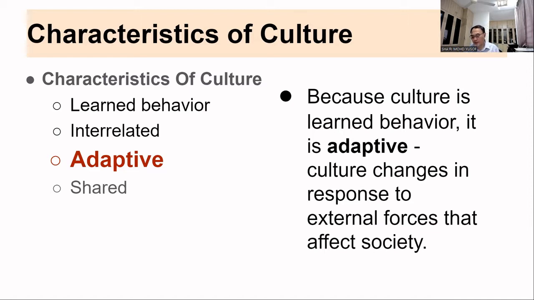Can we think of an example? Culture changes in response to external forces that affect society. Any example? Or probably read the book's example. What does the book give as an example? Probably you will understand better.